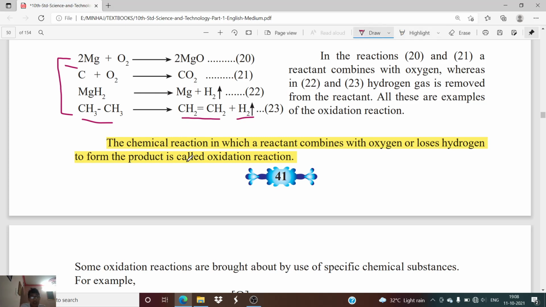So in a reaction where the reactant combines with oxygen, or the hydrogen from the reactant is eliminated, that is gain of oxygen or loss of hydrogen within the reactant, such a reaction is called an oxidation reaction.